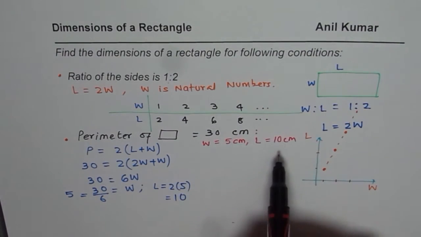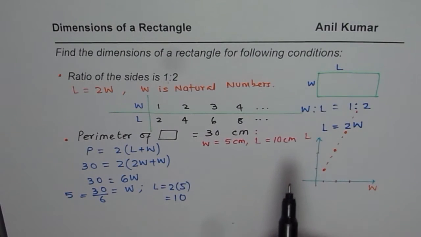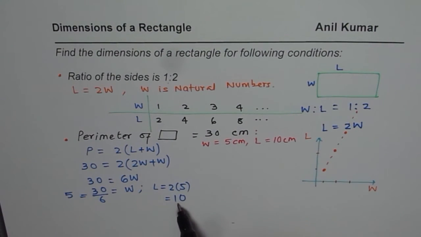You get the idea. If more than one condition is given on the two dimensions of the rectangle, then we get one particular solution.